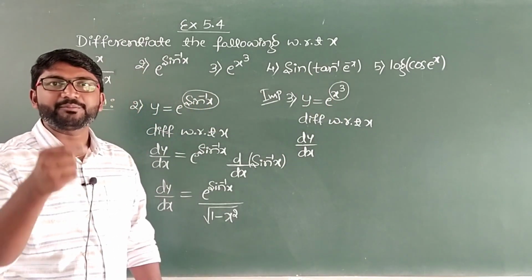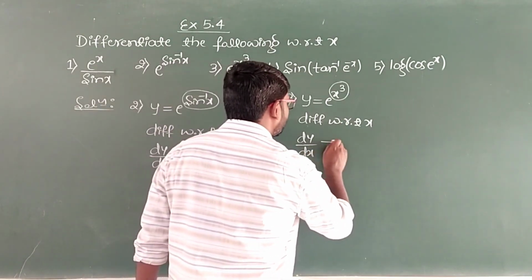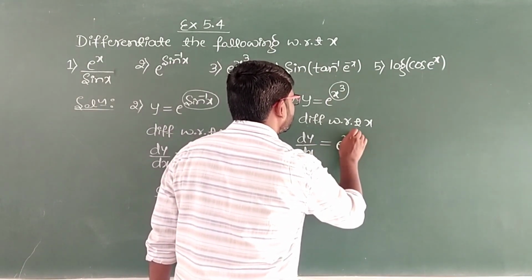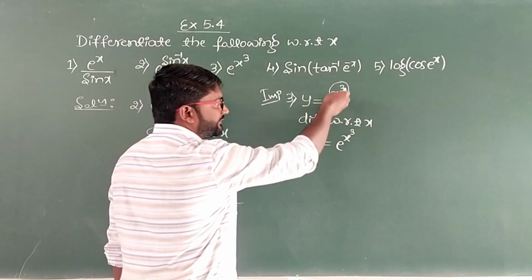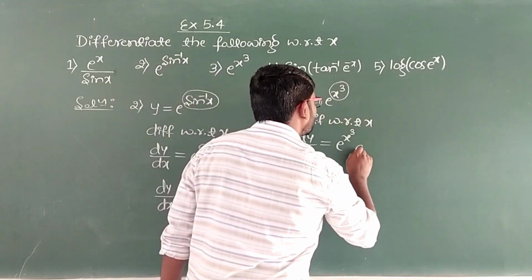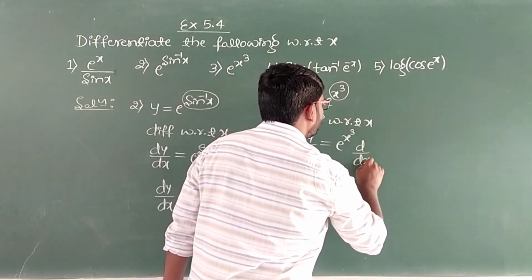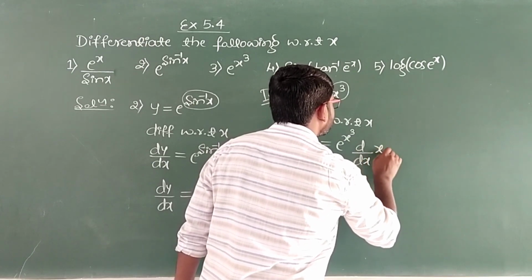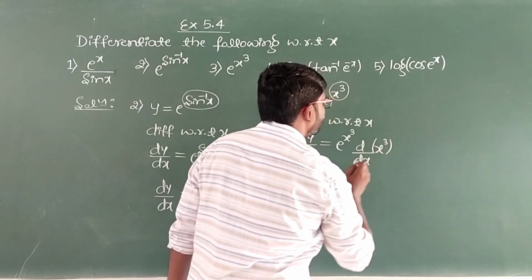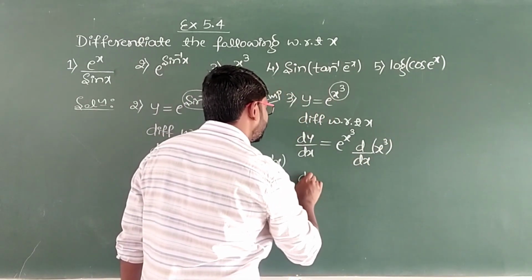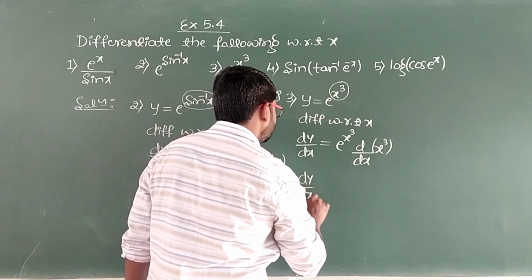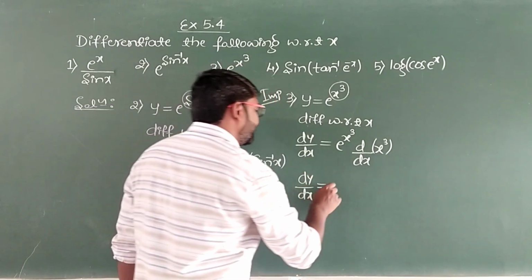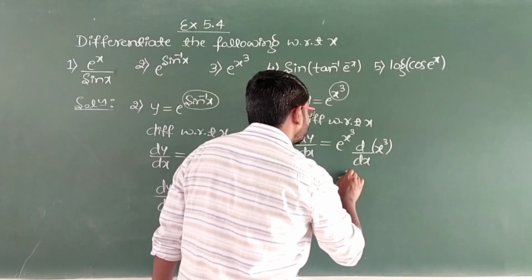It is in the form of e power x. So derivative of e power x will be e power x. That means e power x cube. Now differentiate this function once again, into d by dx of x cube. So overall dy by dx equals e power x cube, written as it is.